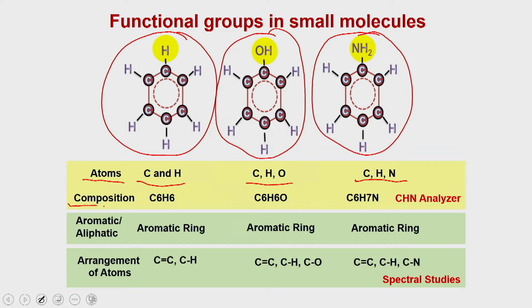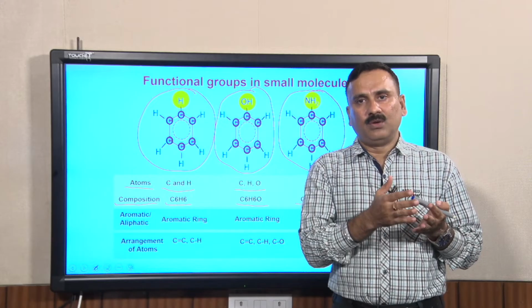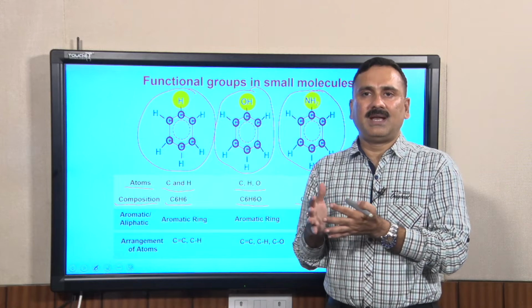Similarly, you can do the composition analysis. The composition of benzene is C6H6, the composition of phenol is C6H6O, and the composition of aniline is C6H7N, and that you can do simply by giving your compound to the CHN analyzer.